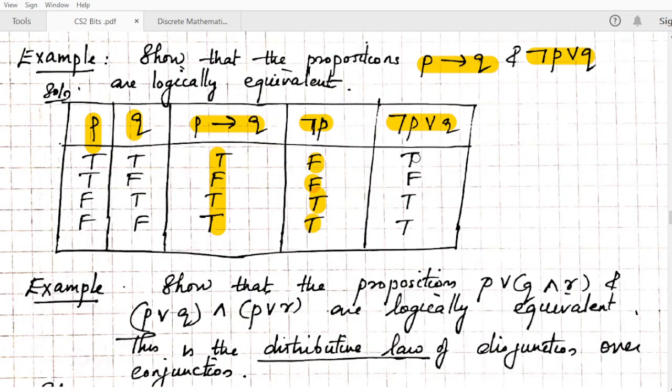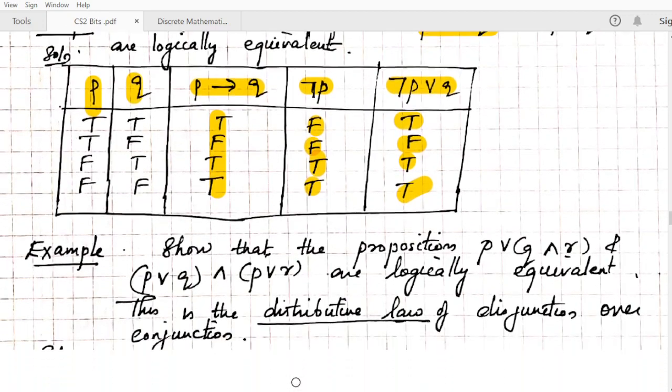So true false is true, false false is false, true false is again true, true true is true. So here we get that the truth values of P implies Q and negation P or Q are the same, so we can say that they are logically equivalent.